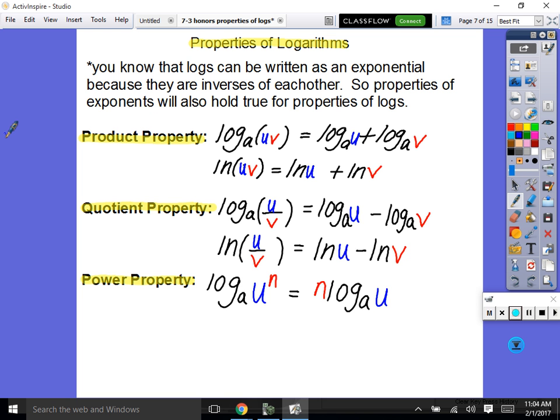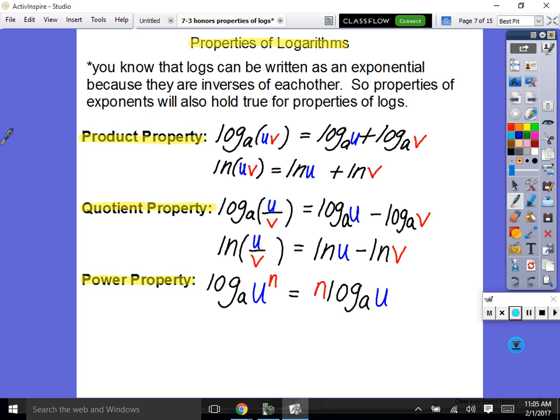So that'd be 2 to the third minus 4. Same base: when you multiply, you add. When you divide, you subtract. Raise a power to a power, and you multiply. Very good. Those properties of exponents also hold true for properties of logs.